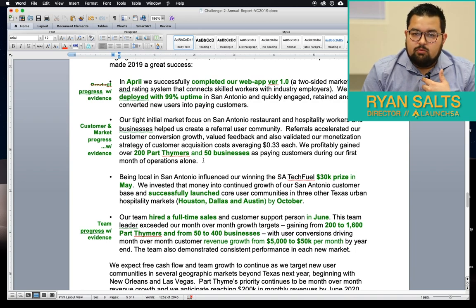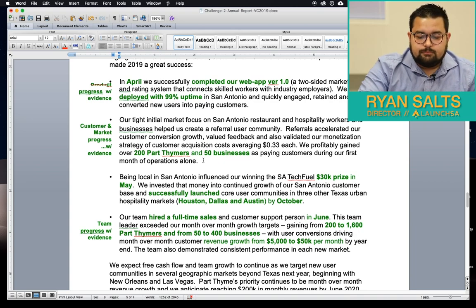You'll notice that there probably were other markets that we got to before that, but the most notable ones, or the biggest ones, were Houston, Dallas, and Austin. That's the ones that we mentioned. I also mentioned by October, so all of those things may have taken place in different months, but as of October, we were in those other markets.